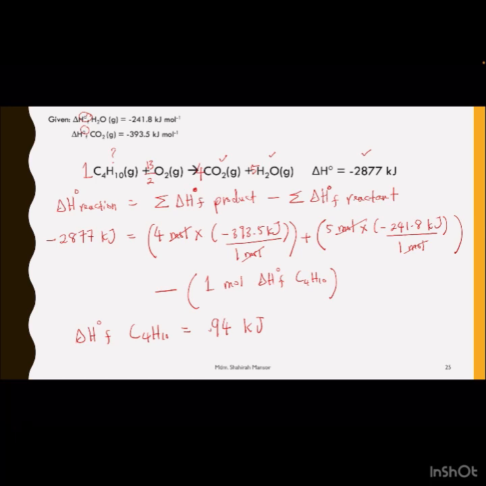According to this abbreviation, enthalpy of formation of butane, when you expand this abbreviation into a full chemical equation, the enthalpy formation of butane refers to 1 mole of butane formed from its elements.